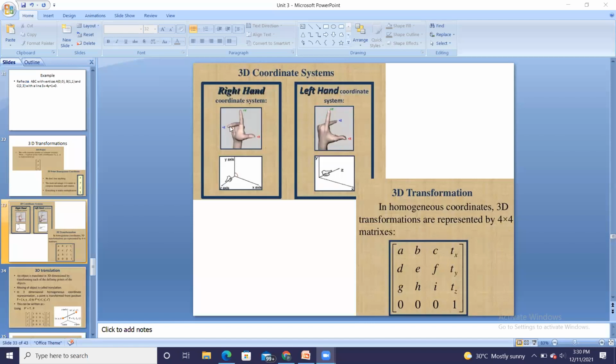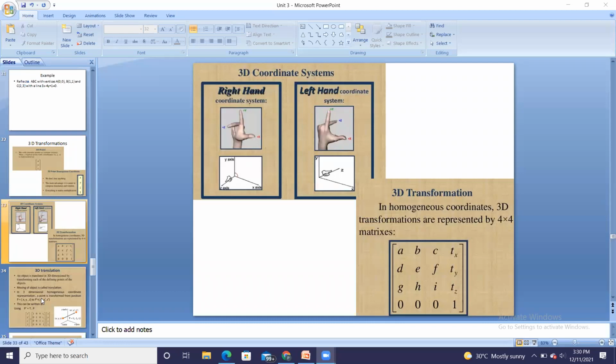When we use our right hand, the thumb represents the x-axis, the forefinger, also called the index finger, represents the y-axis, and the middle finger represents the z-axis. In both the right hand and the left hand, we need to keep a 90-degree angle between all 3 fingers. They are perpendicular to each other like that.